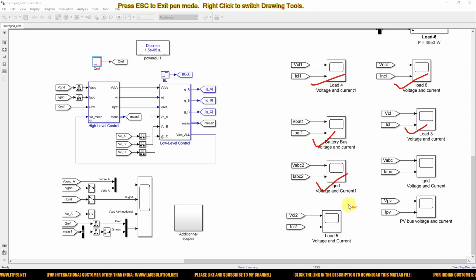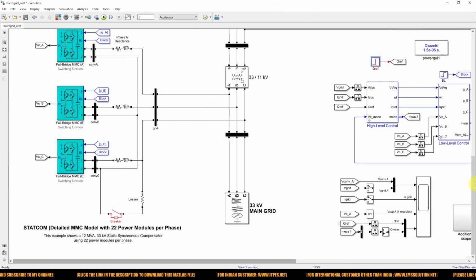Here you can see the grid transformer secondary voltage and current, the grid transformer primary voltage and current, the load 5 voltage and current, and the solar PV system voltage and current.